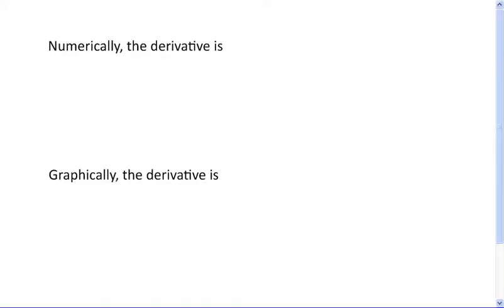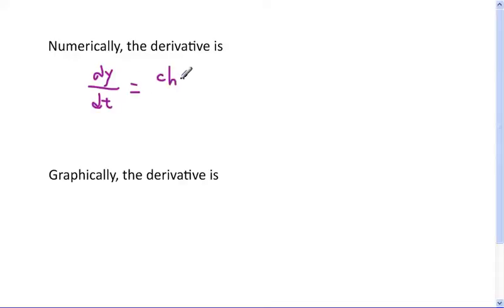Okay. Now, we're going to get into those three ways of describing a quantity, right? And see what the derivative looks like in each of those. So first of all, numerically, what is the derivative? Well, if you have your formula sort of in a numerical sense, where you have the number at different times, then the derivative is this.